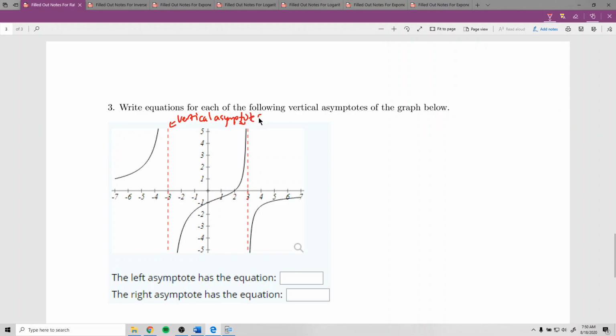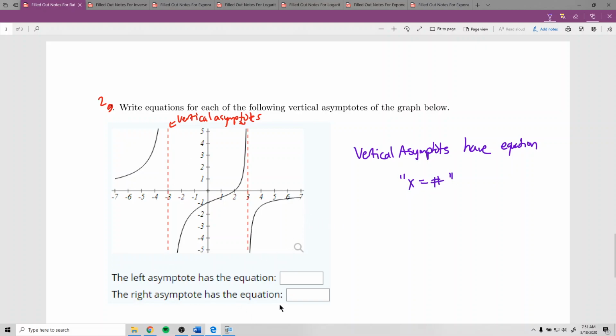Now this is really the only other kind of problem in this section. What is the equation of the left asymptote and the right asymptote? Well, they're x equals, because they're vertical lines, never forget that. Vertical asymptotes have equation x equals the number, just like any vertical line.